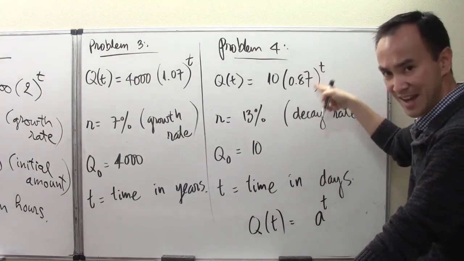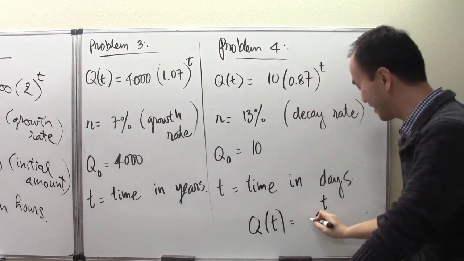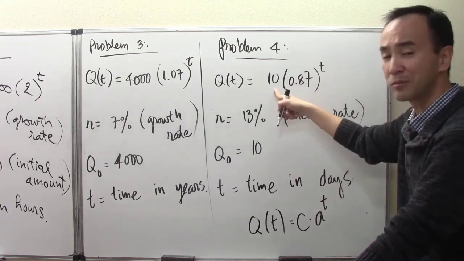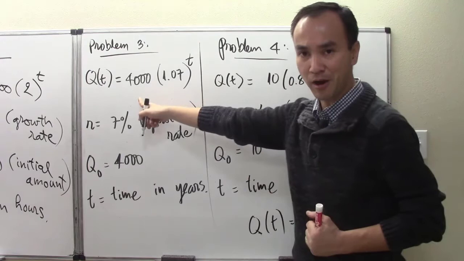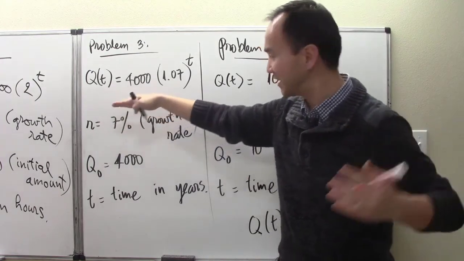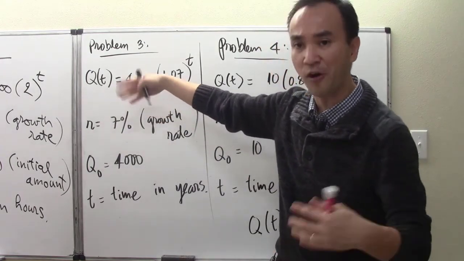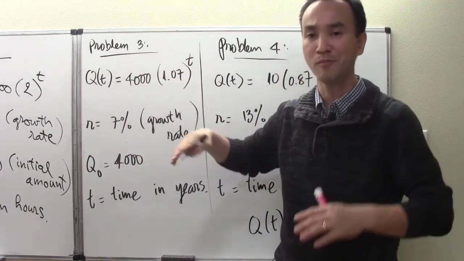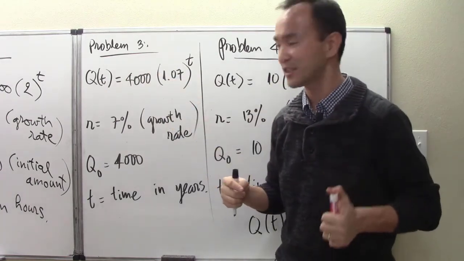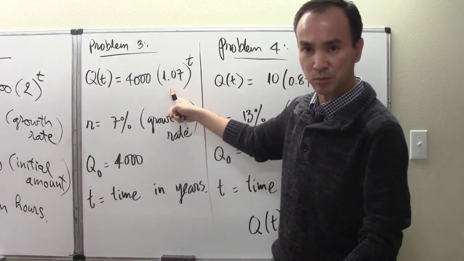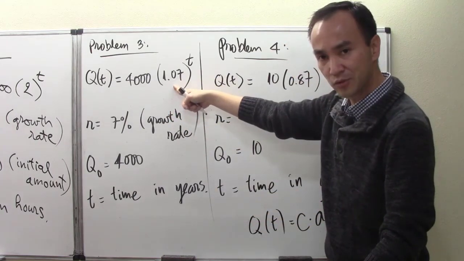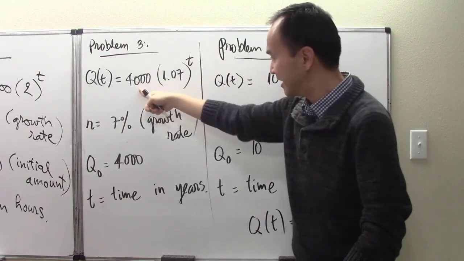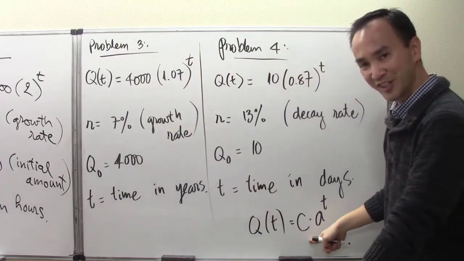Multiplied with a coefficient, so c times a to the t. Just like in problem 3, the function that we eventually derived and used to model the rest of the process is an exponential function: 1.07 to the t, with a constant coefficient.